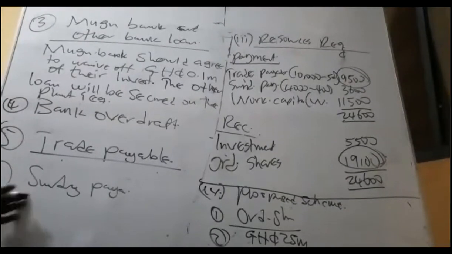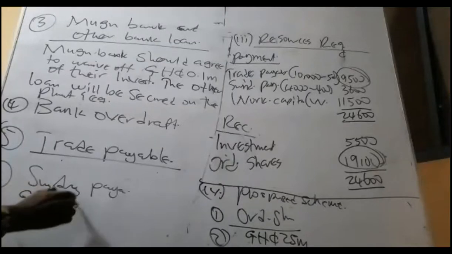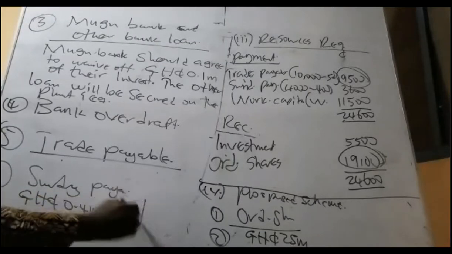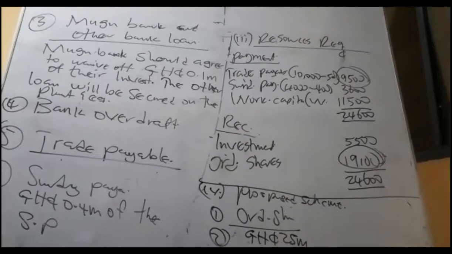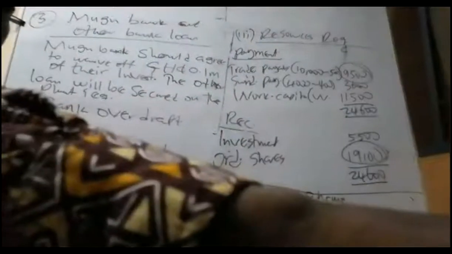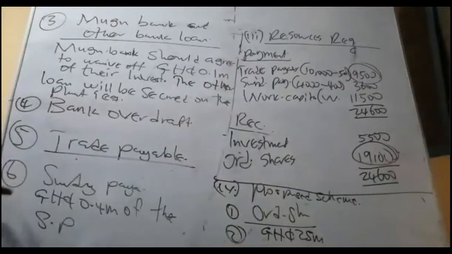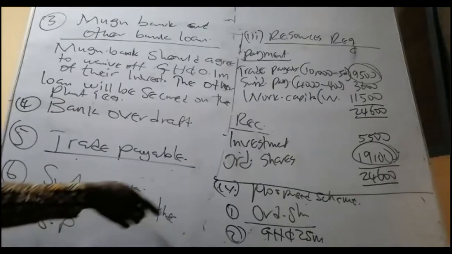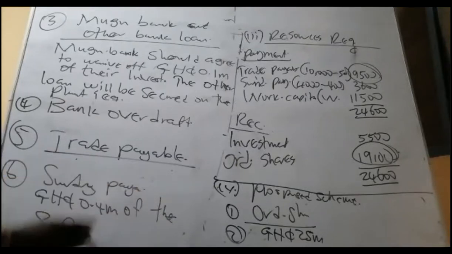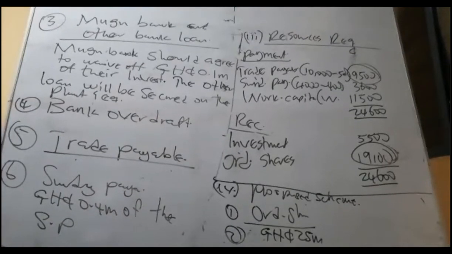So that one to Ghana cedi of 0.4 million of the sundry payable must be cancelled with the remaining balance being paid immediately. You are done. That's all. So that's the 6 points. Sundry payable 0.4 million Ghana cedi must be cancelled with the remaining balance being paid immediately.